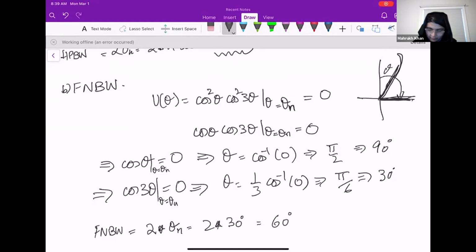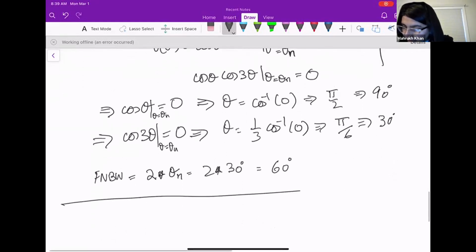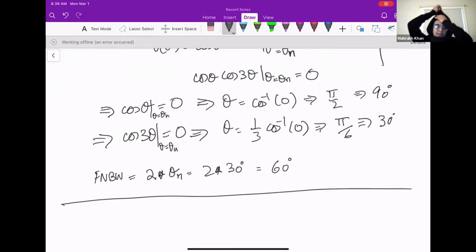So now we will do other parameters. In this chapter, mostly we are doing parameters, like radiation intensity, beam width, radiation density. Now I'm doing directivity. We will be doing all the parameters in the second chapter. Once we are done with these parameters, I am thinking to finish the second chapter before the midterm.